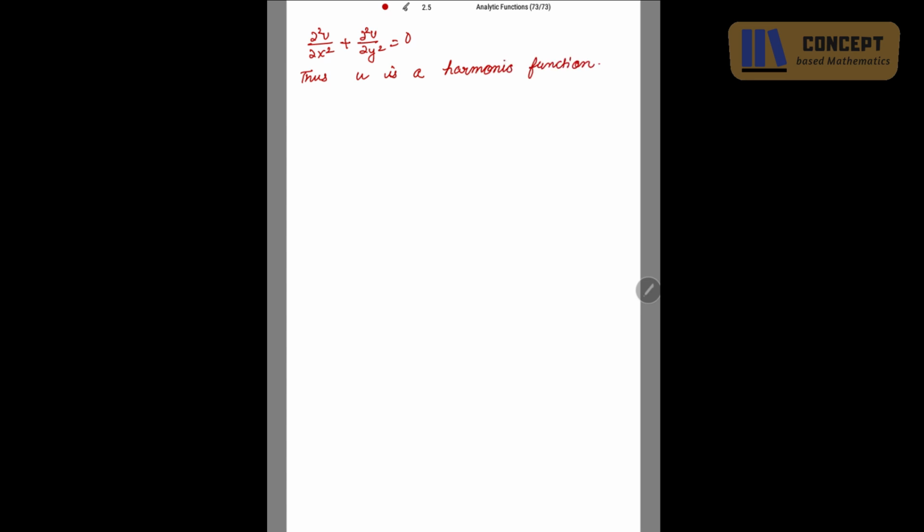Without showing this u is harmonic, you cannot let your analytic function f(z). You have to show this first. Therefore, u is the real part of some analytic function.